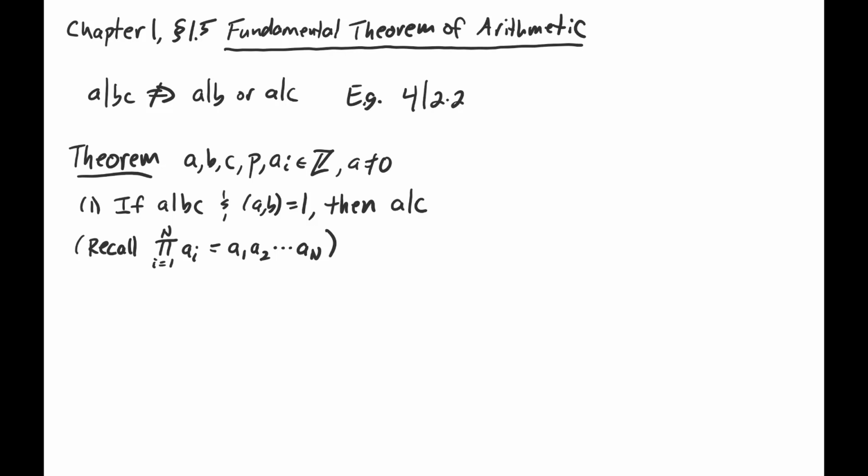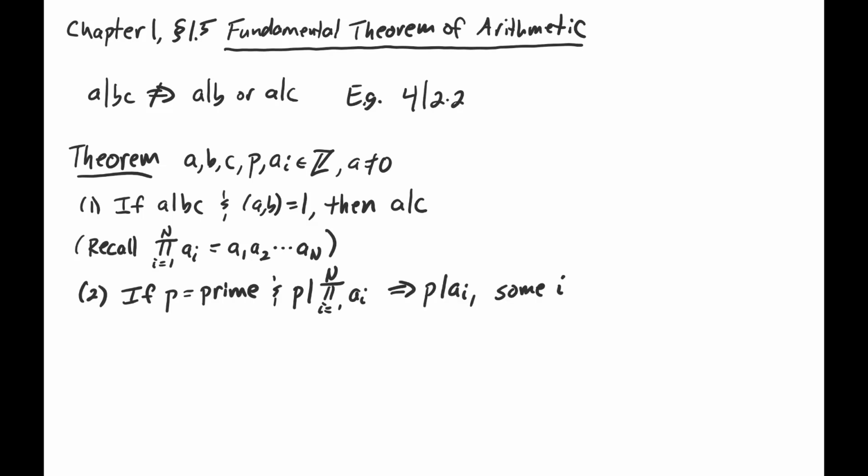It's completely analogous to the summation notation that you're probably very familiar with, except instead of adding, you multiply. You can remember it because that's a Greek pi, which is a p, which stands for product. Anyway, here's number 2. If p is a prime number and p divides a product of a_i's, then that's because p divided one of the a_i's themselves.